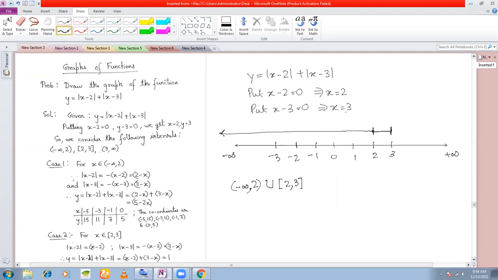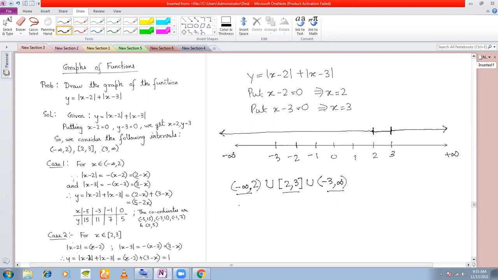And then from 3, you will move till plus infinity. So these three are the intervals. Why have I considered these three intervals? Why are these two open? And why is this interval closed?